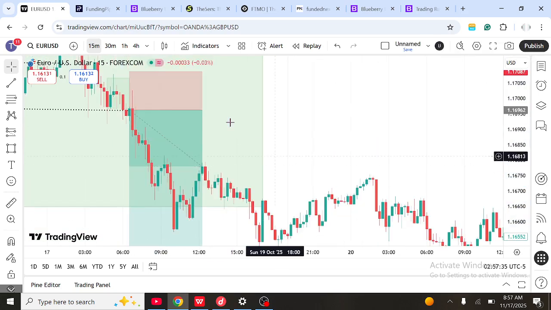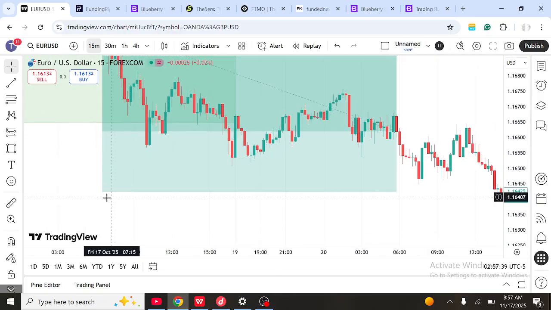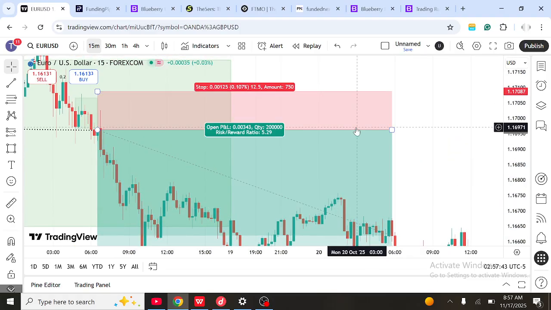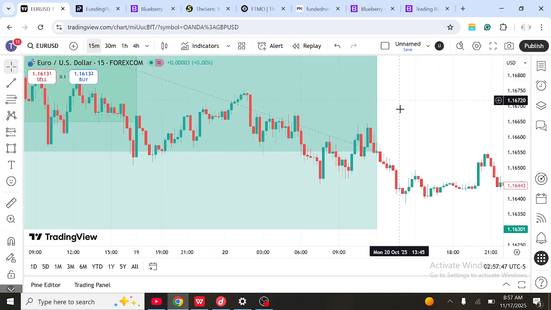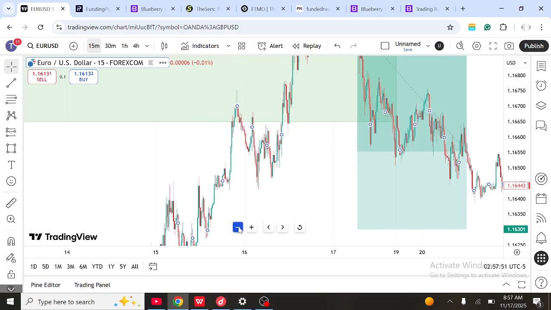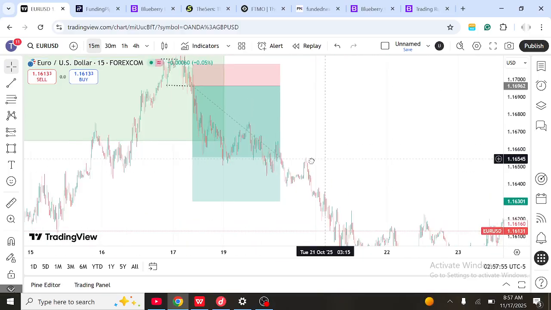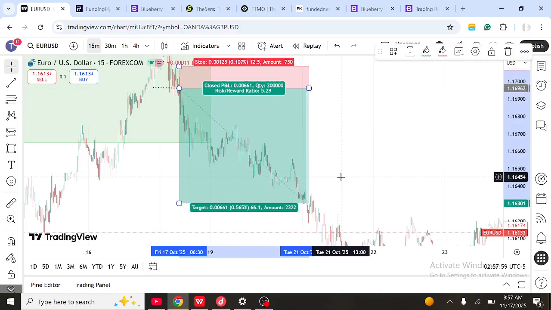So my TP is always 1:5. This is even more than 1:5, as you can see. Price hits our target nicely.